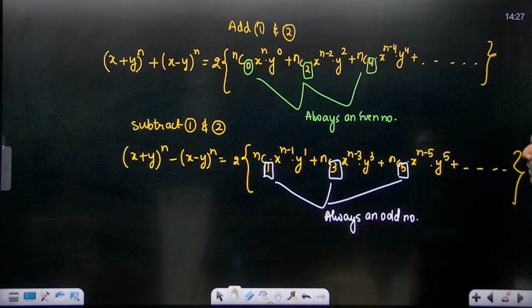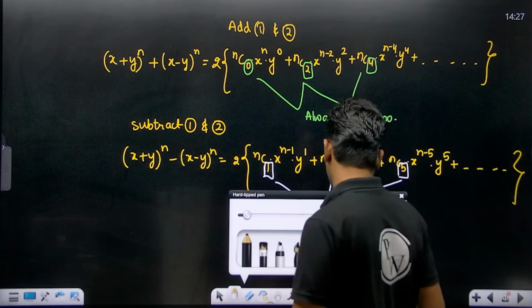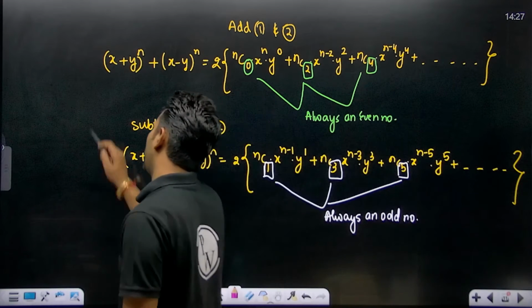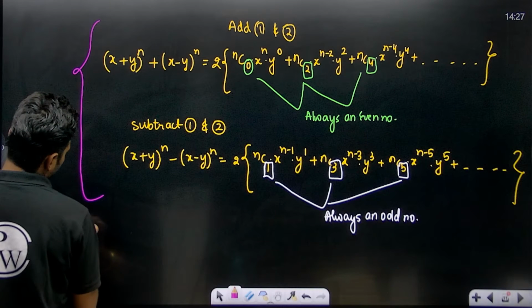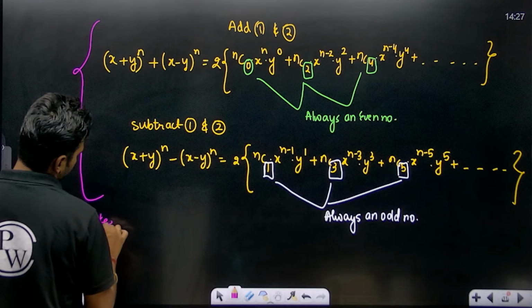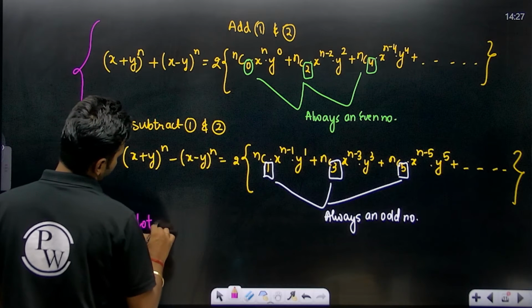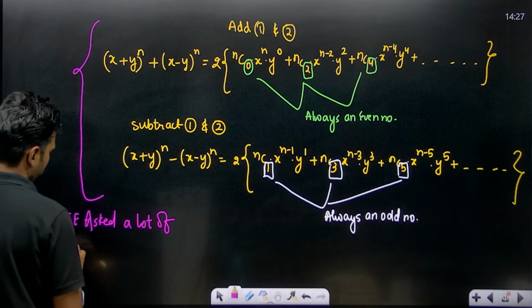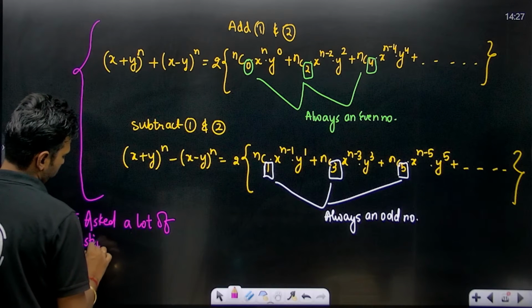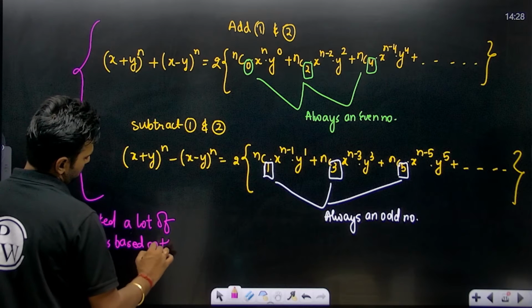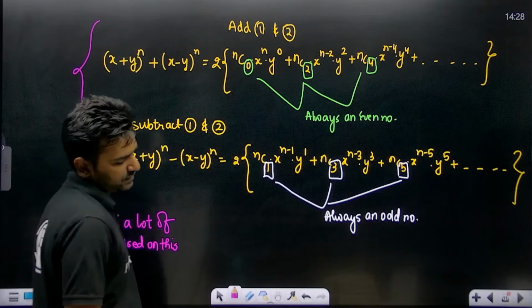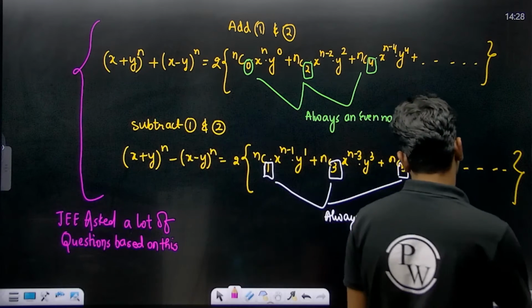Now this is a very important thing, because JEE has asked a lot of questions based on this particular thing. Let me give you an example of how JEE does ask questions based on this.